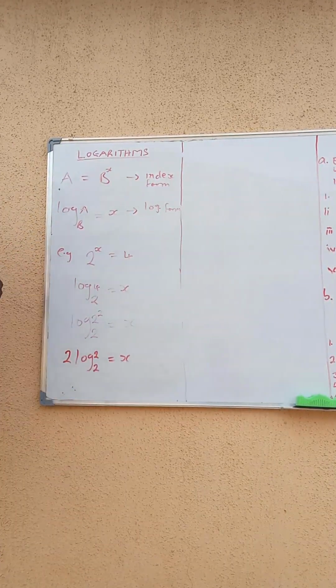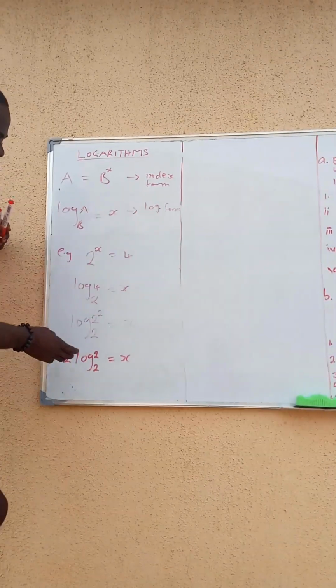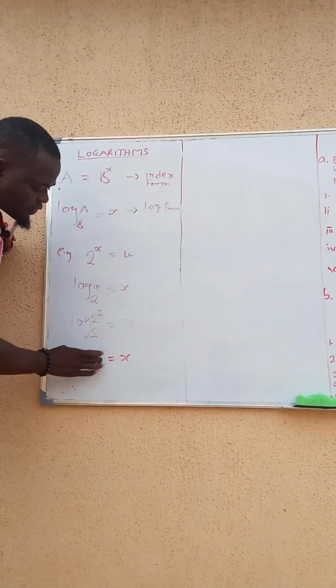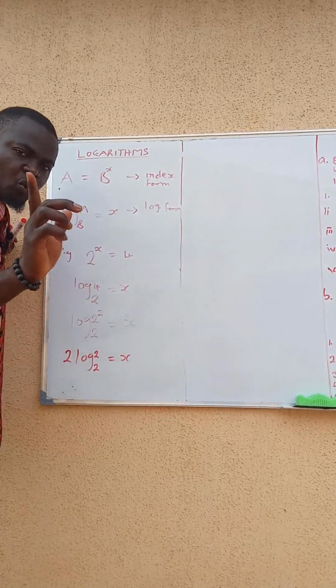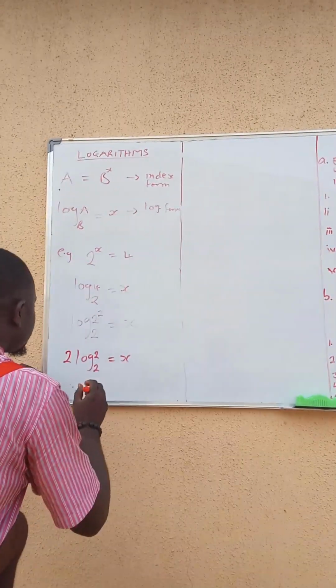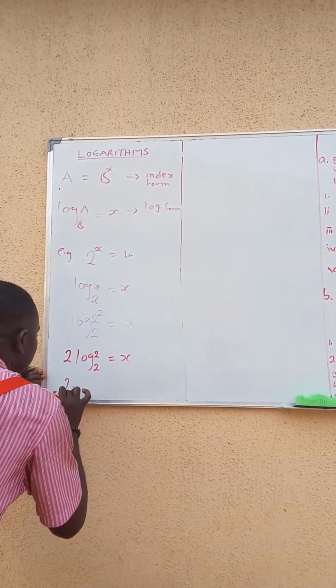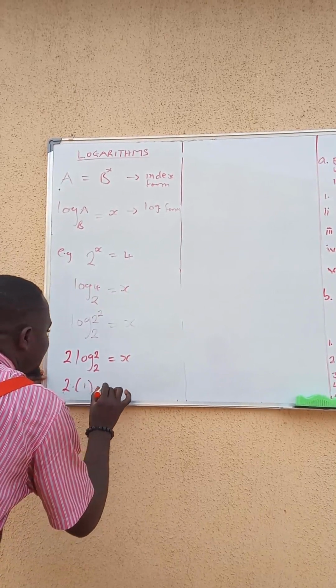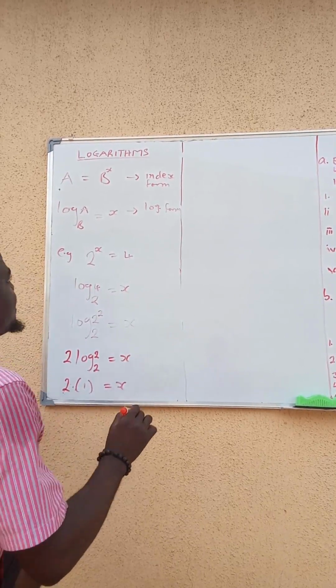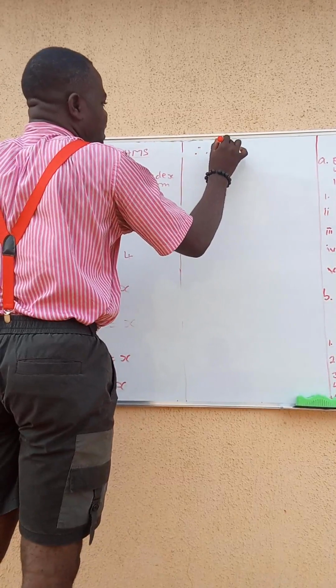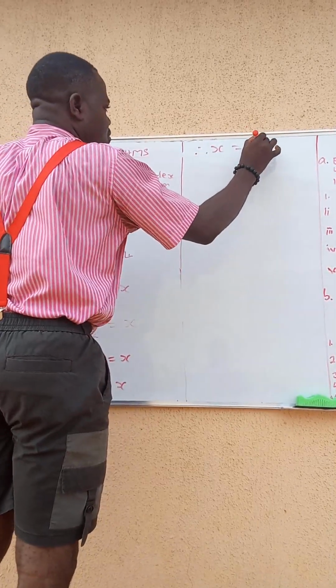Now, in logarithm, there's one special thing. The logarithm of a number to its own base is 1. That means it will be 2 times 1 equal to x. Therefore, x is equal to 2.